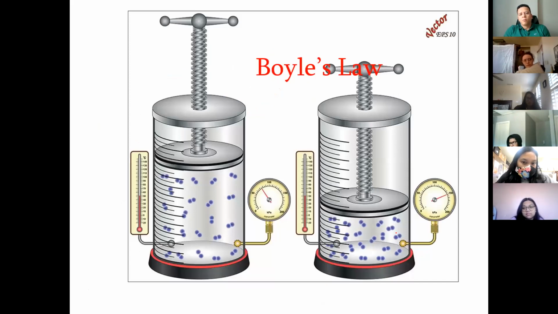Now, I also talked about Boyle's law in the lecture. And Boyle's law explained the mechanism of breathing. Remember, Boyle's law states that when the volume of a container decreases, the pressure goes in the opposite direction. That pressure will increase.